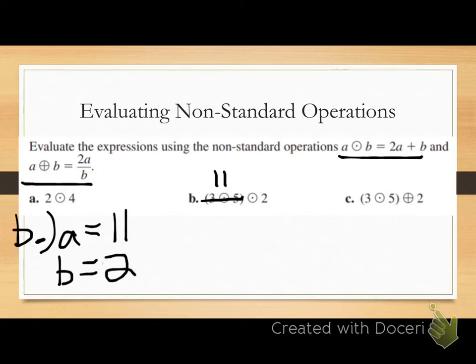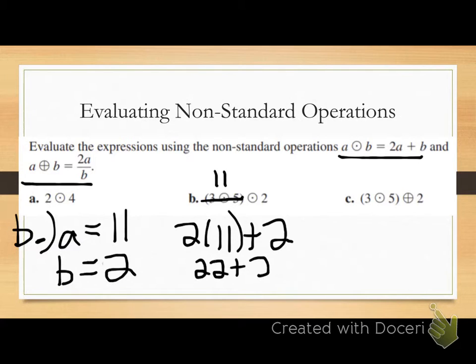First, it's still circle dot. So 2 times 11 plus 2. Everyone see that? Plugging 11 in for A, 2 in for B. What is 2 times 11? 22. 22 plus 2? 24.